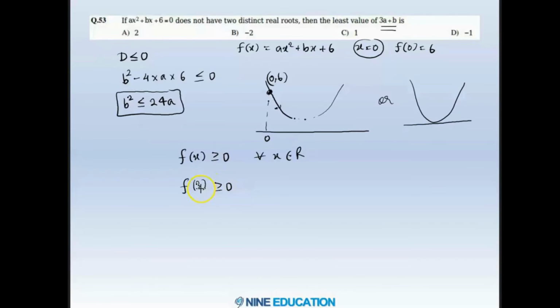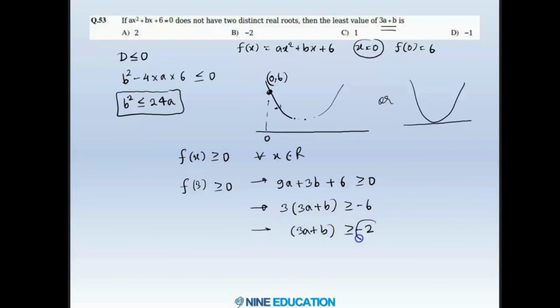So for that I am putting 3 in the equation so that I get 9a + 3b + 6, which is going to be greater than or equal to 0. If I take 3 as common, it will be 3(3a + b) ≥ −6, which means I can say 3a + b is going to be greater than or equal to −2. So the minimum value is −2, which is option B.